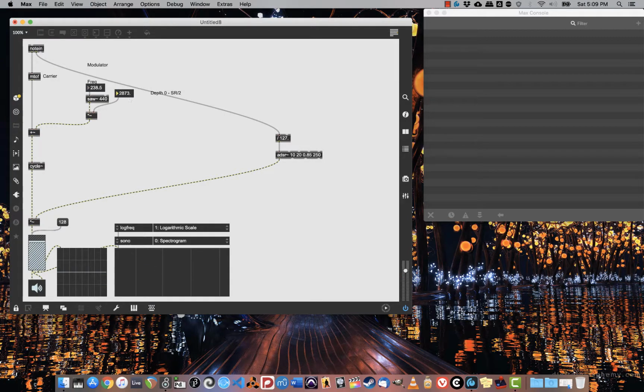Now, obviously, as you increase the depth up to, say, the Nyquist frequency, more metallic. If you're using really inharmonic tones, like, oh, I don't know, 3.1415, 9.